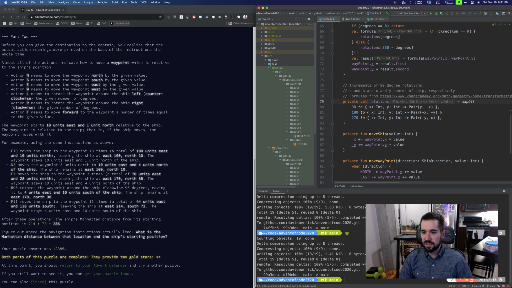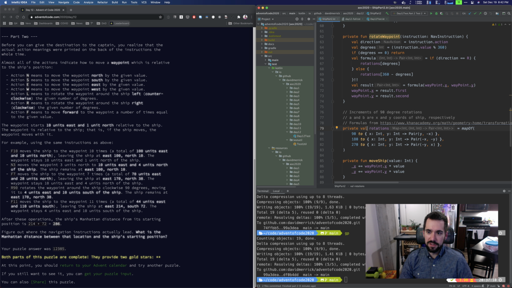And so I just had these 3 equations. Obviously, a 360 degree turn just puts it back where it was originally. And so I have this map of the degrees to the formula that we need. This formula assumes clockwise rotation.